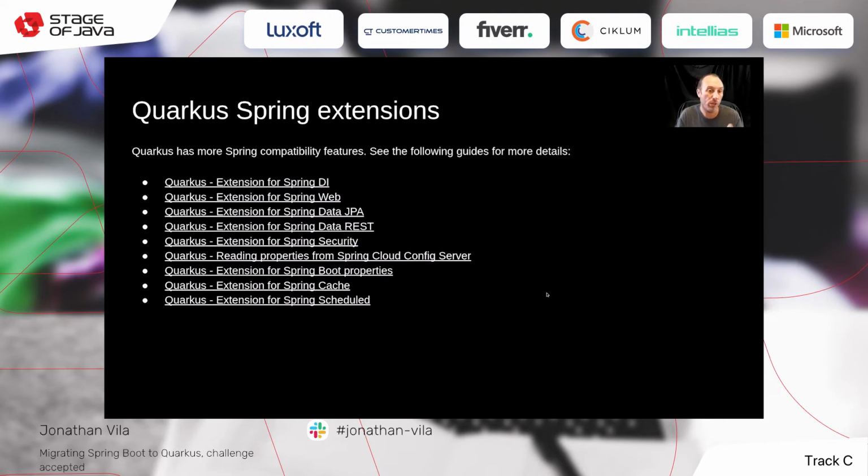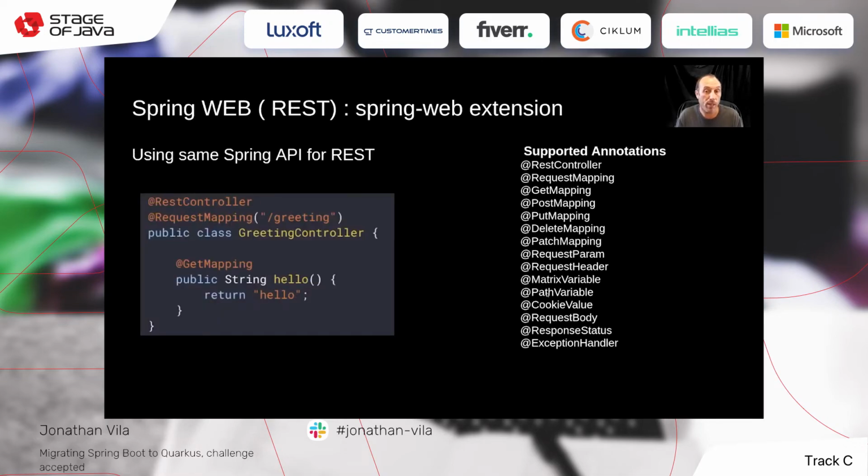If you are using any of these libraries: dependency injection, web, data, security, cloud config server, Spring Boot properties, Spring cache, and Spring scheduled, there is an extension for that in Quarkus. It's a matter of adding the extension and not touching the code, because the annotations are already supported.